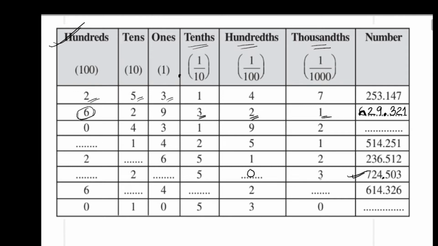Hundredths. 3 is at the thousandths place. Again 4 is in the ones place, 2 is in the tens place, 7 is in the hundreds place. You can fill the other row also.